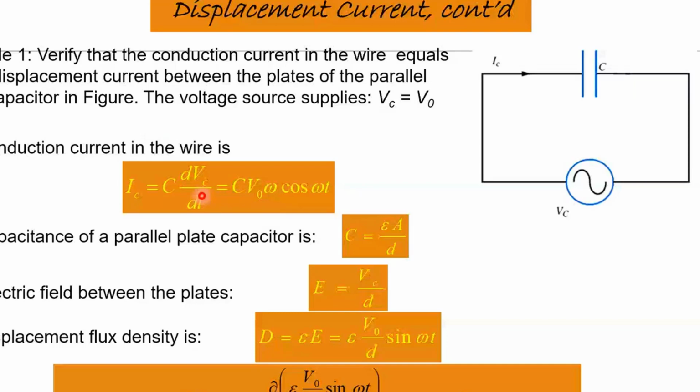But whether the current passes through this capacitor, whether the capacitor has a closed path? No, the capacitor has two parallel plates, right? The capacitor has two parallel plates, and in between these two parallel plates, there is a dielectric. So how does the current pass from one plate to another plate?